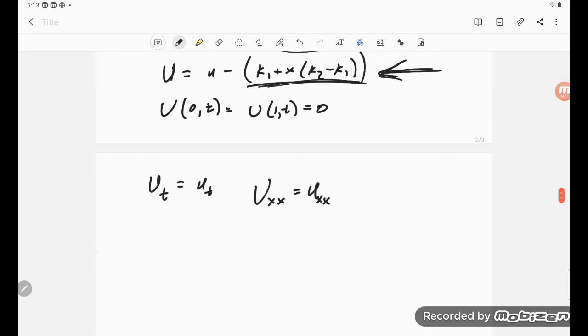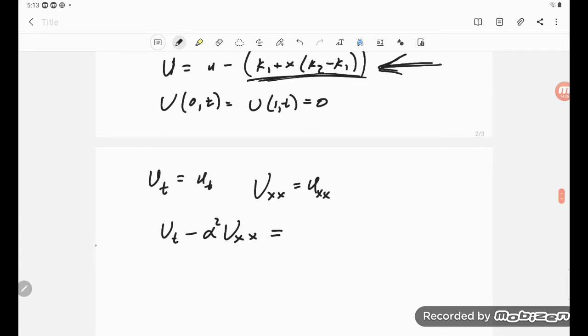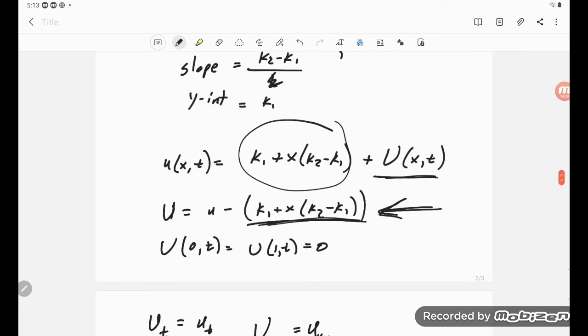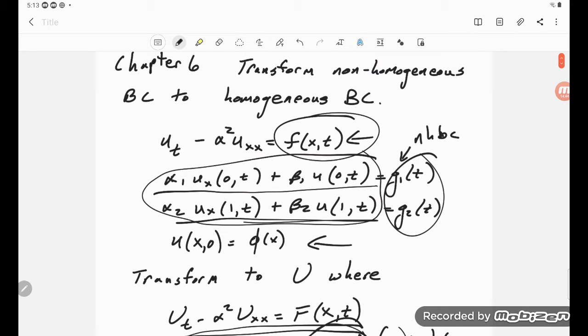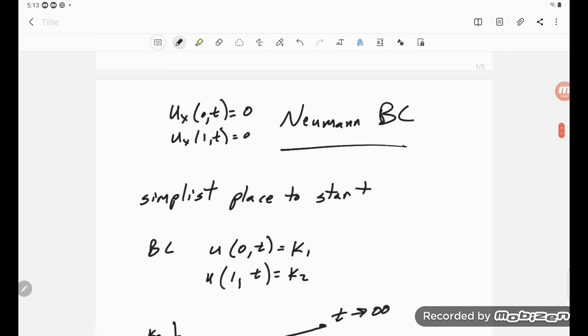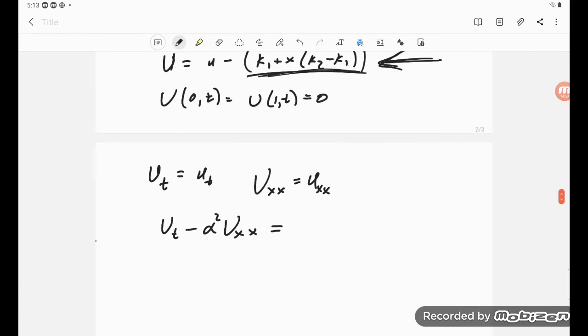And so we end up here with that same u sub t minus alpha squared u sub xx. And actually, whatever the right-hand side was, we get the same thing. So, way back here, if the right-hand side was this lowercase f of x and t, it still is, because we didn't change anything here.